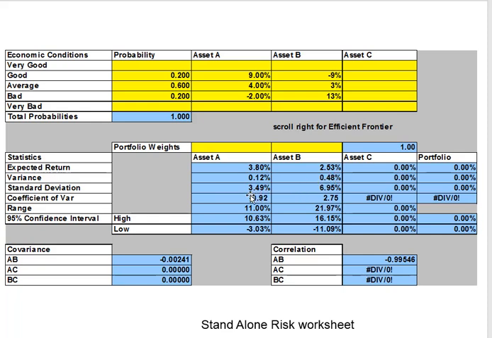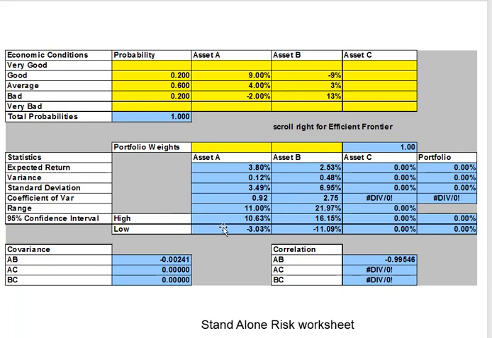You look at the risk, 3.49 is A, 6.95 is B, and their coefficients of variation are 0.92 and 2.75. So we can see that B has a lower rate of return, but it has a higher amount of risk.